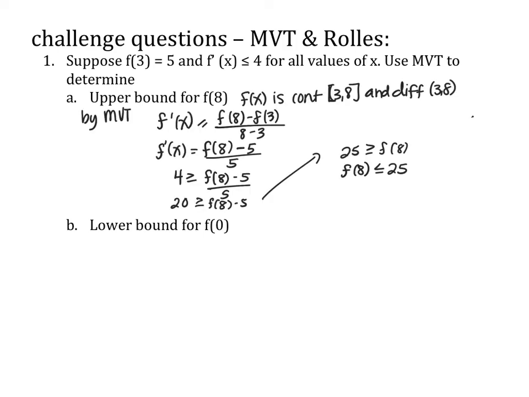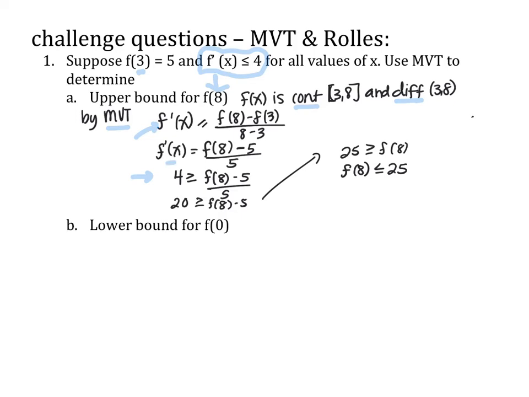So again, let's take a look at the work I did. I'm telling you it's continuous, it's differentiable, because I need to do that in order to talk about MVT. And I set up my relationship, which is the slope of the secant must equal the slope between the two endpoints. And my endpoints are going from 3 to 8. Part of the relationship I know is I'm asking is there a possibility for f prime to be less than or equal to 4?